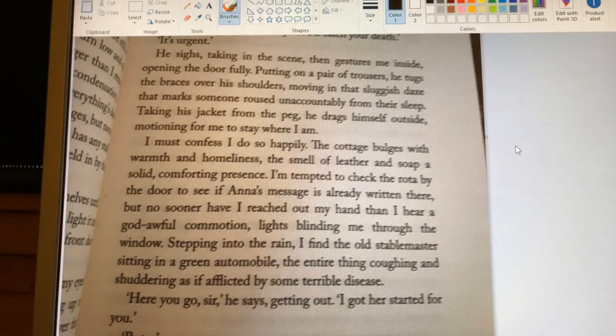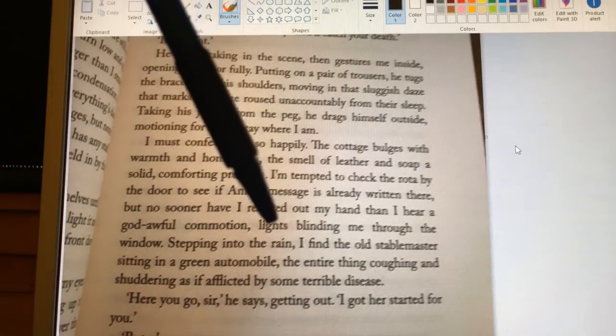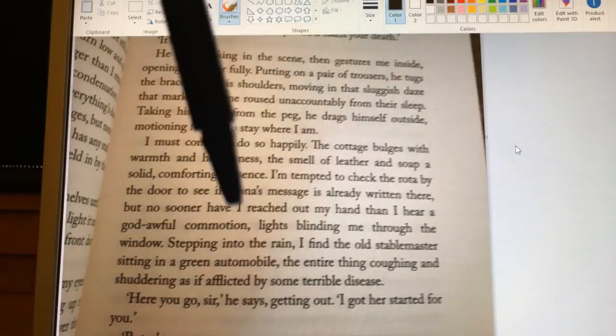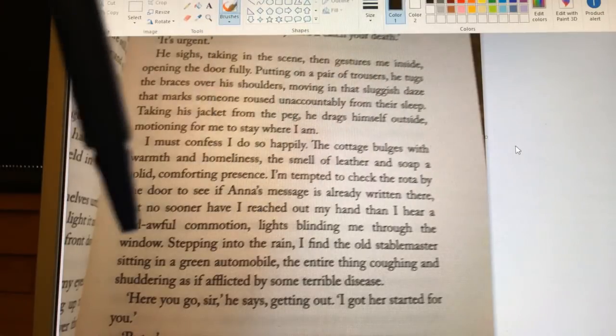Absolute phrases start with nouns, and then you get an immediate participle after that noun without any auxiliary verb. There's no auxiliary verb there, otherwise you'd have a main clause. So this is an absolute phrase, this one. This is noun lights and then participle blinding me. And you can see that that doesn't stand on its own, lights blinding me through the window.